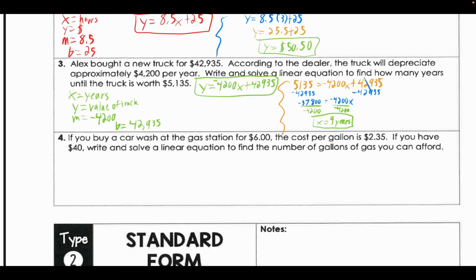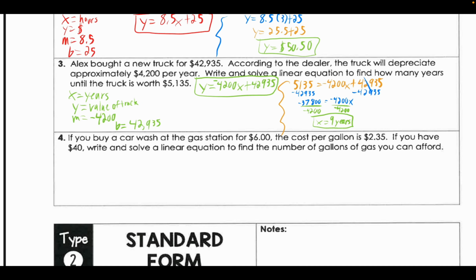Next, our last problem for point slope form before we move on to our second type: if you buy a car wash at the gas station for $6, the cost per gallon is $2.35. If you have $40, write and solve a linear equation to find the number of gallons of gas you can afford.